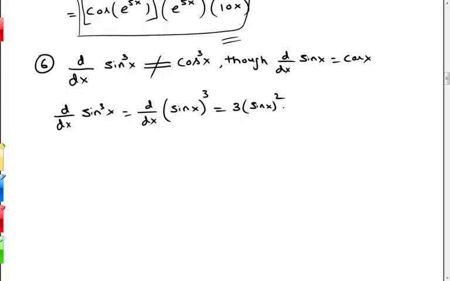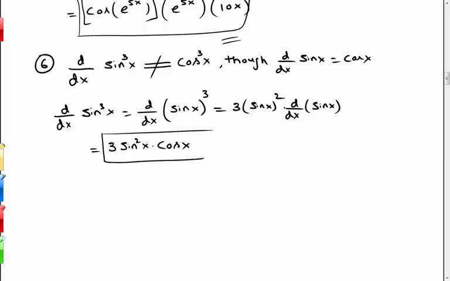We must make sure to multiply this by d dx of f of x itself, where f of x happens to be that sine x. As a result, we'll get 3 sine square x, times, we know d dx of sine x is cosine x. Cool? That's the idea.